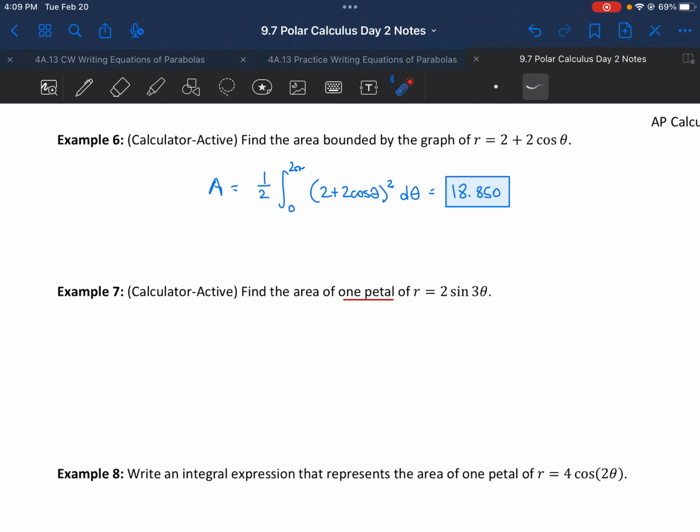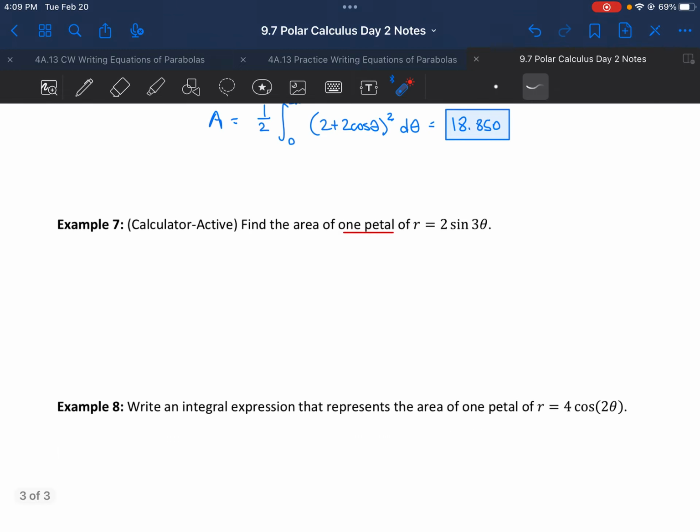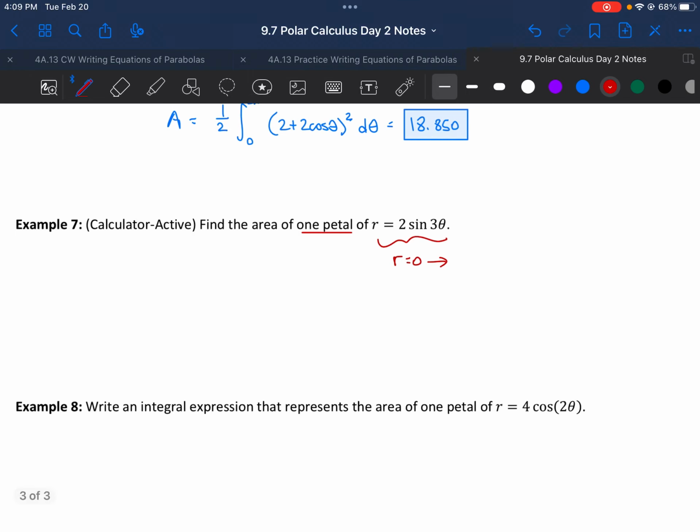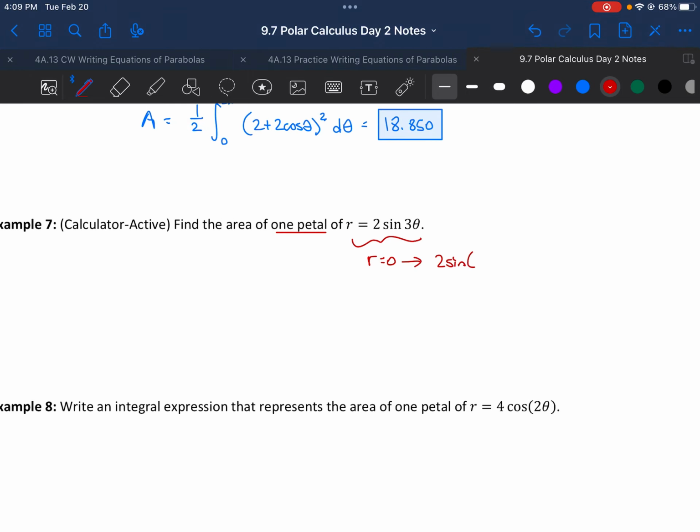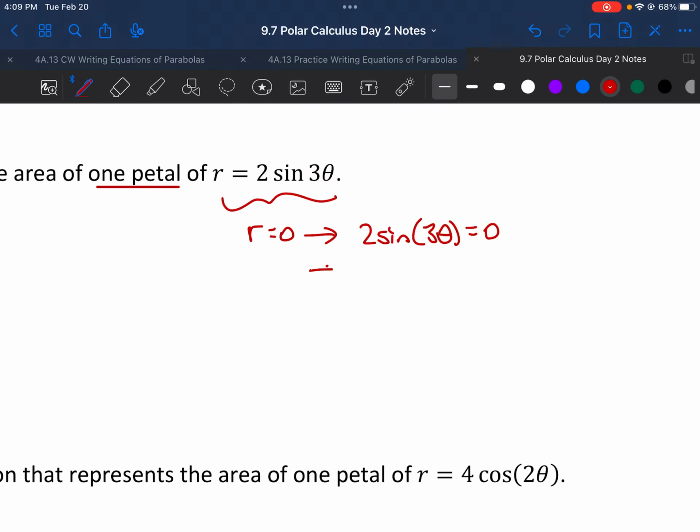Okay. Now, we want to find the area of a single petal. So if you remember from yesterday, one way that we can single out a single petal is to figure out what are the angles theta where the curve hits the pole. And to find out where the curve hits the pole, we set r equal to 0. This means 2 sine of 3 theta equals 0. Well, I'll divide by 2 on both sides.